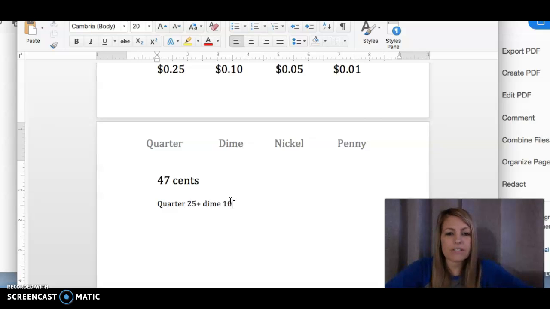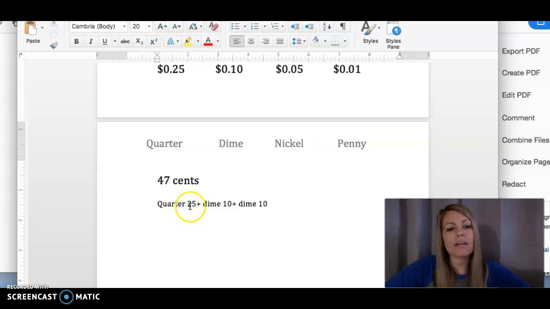A dime is worth 10 cents. So now we've got 25 cents plus 10. 25 plus 10 is 35. So we're getting close. We're at 35 cents, but we've got to get to 47 cents. I'm going to add another dime. Remember, dimes are worth 10.